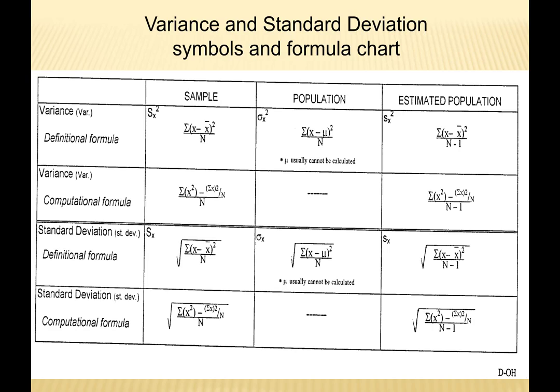So here's a page just summarizing all the different variations, the definitional formula and the computational formula for the sample, which is the first column, and for the population, the second column, and we know that for the most part we can't calculate that. And for the estimated population, these add the minus 1 feature on the same formulas that you've seen in the first column under sample.